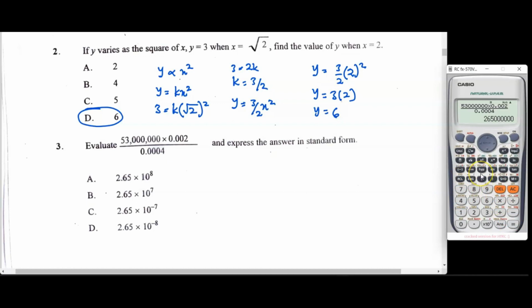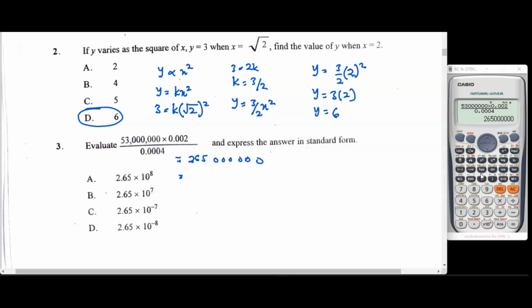So we have the answer to be 265 million. That's the answer to this expression when you simplify it with a calculator. So converting this into the standard form, we need to shift the decimal point to the middle of the first and second digit.